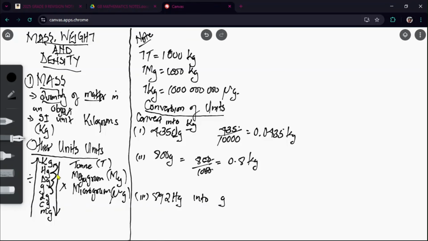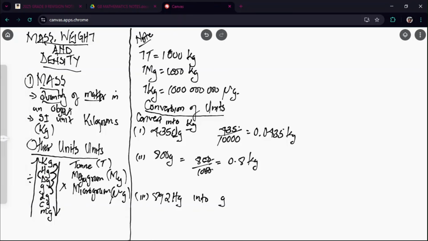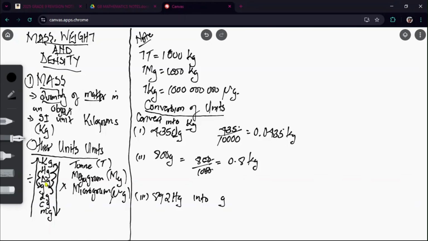You'll see that this is hectogram. Hectogram is here. I want to convert into grams. So how many steps am I moving? 1, 2, moving 2 steps, and I'm moving downward. If I'm moving downward, I multiply. So I'll say 892 multiplied by 2 zeros, or 2 steps.